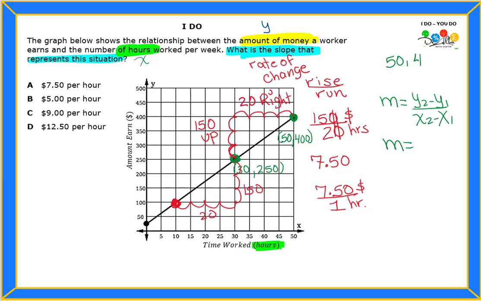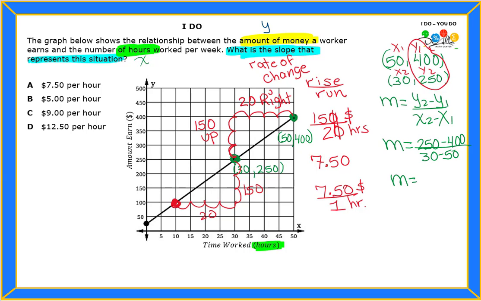I'm going to choose 50 and 400, and the second point is 30 and 250. Let's write the labels: x sub 1, y sub 1, x sub 2, y sub 2. Circle this, and let's replace my values. Y sub 2 is 250 minus 400, and x sub 2 is 30 minus 50.